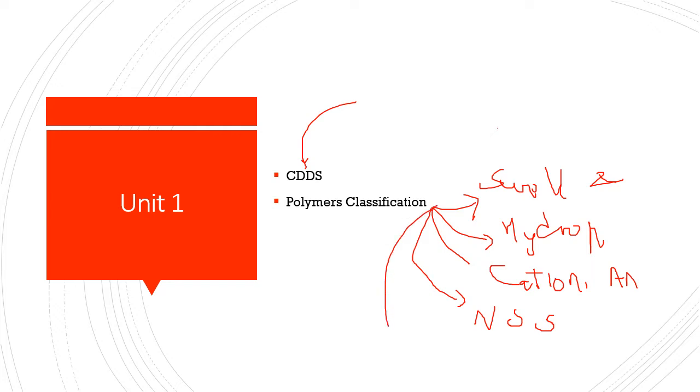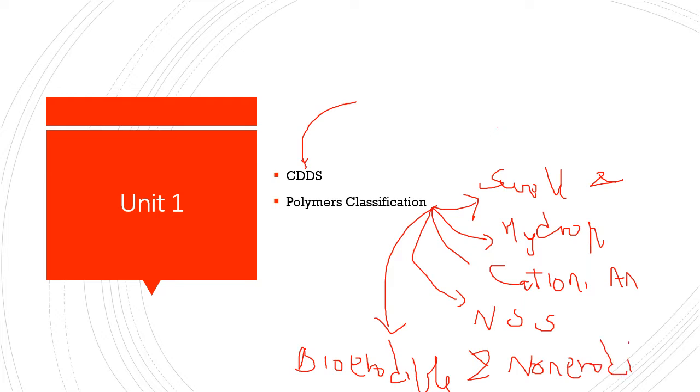Other classifications are also present for polymers, but these are very important. One more is bioerodible and non-bioerodible. That is for certain polymers that do not require elimination, they themselves get eroded. Like in the eyes we have certain polymers, EVA, and there are many polymers that are useful as bioerodible: PLGA, PLA, polylactoglycolide. These are all important polymers.